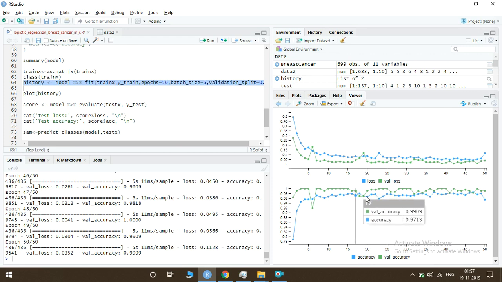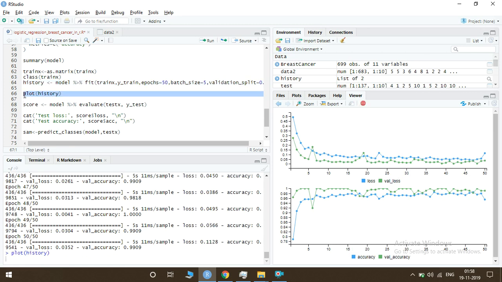So always remember, guys, that the accuracy graph should be moving towards the high end. Since this is loss, we have to minimize the loss and we have to increase the accuracy. So let's plot the history.